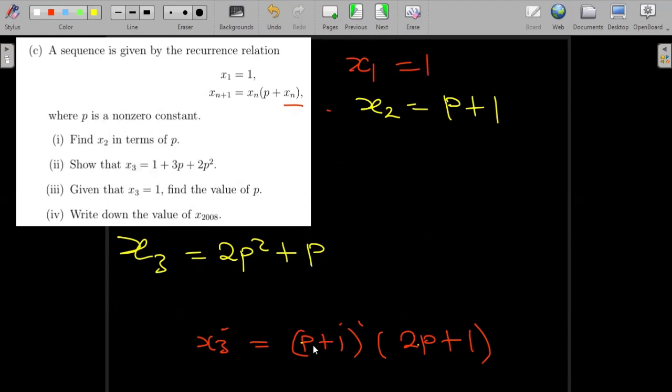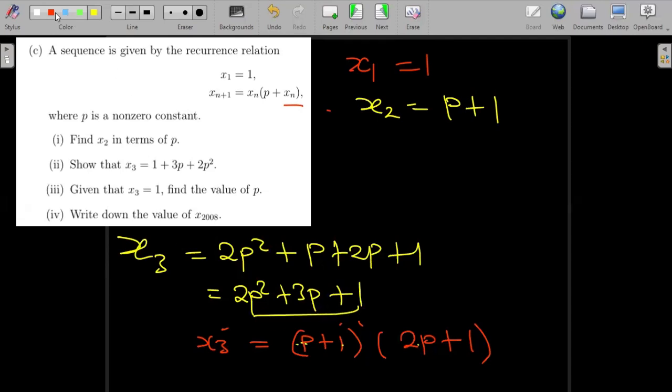Then 1 multiplied by 2p, we're going to get 2p, and 1 multiplied by 1, we're going to get 1. So this is 2p squared plus 3p plus 1, which is the same thing as here. So we've shown that x3 is equal to this. I can write it in the way that they want.